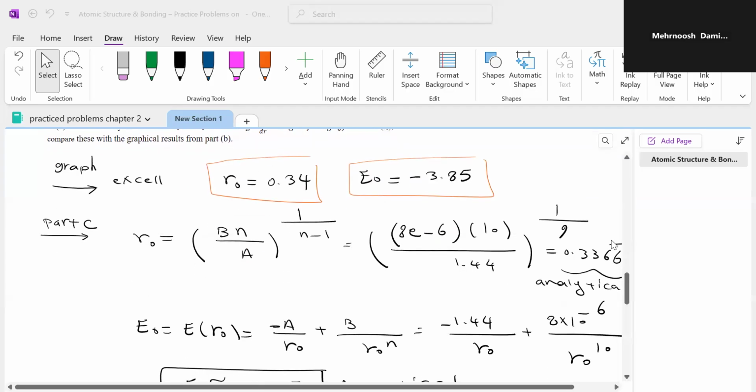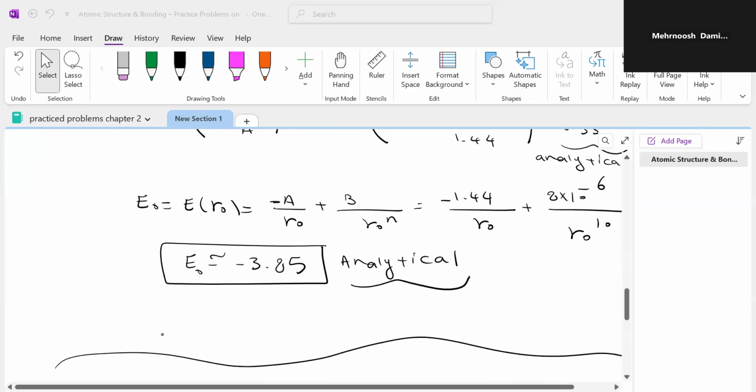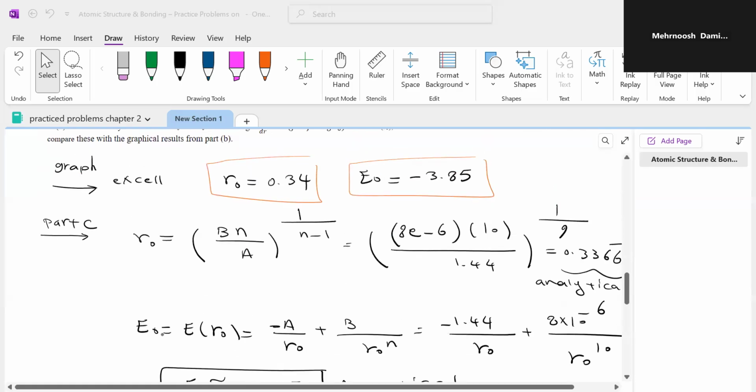Okay, when we find that, you can substitute it into EN, which was the summation of attractive and repulsive. We know A, we know B, we know N, and now we derived R naught. Substitute here, and we find minus 3.85.